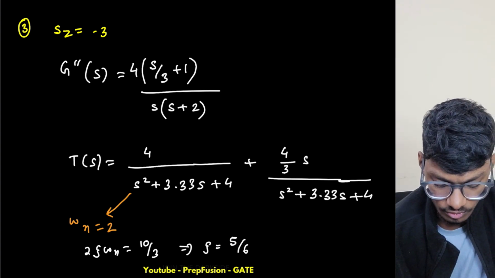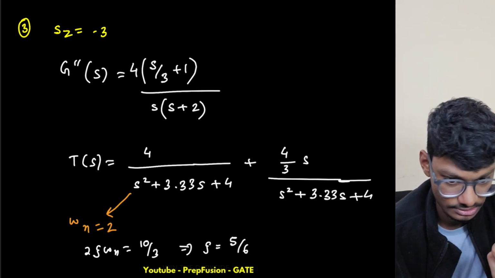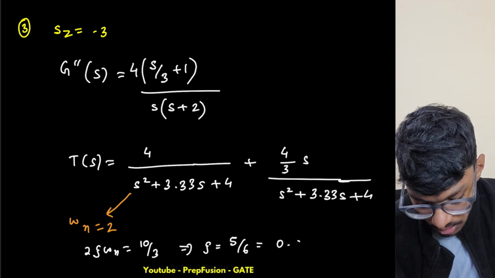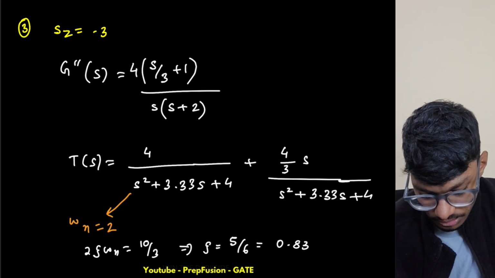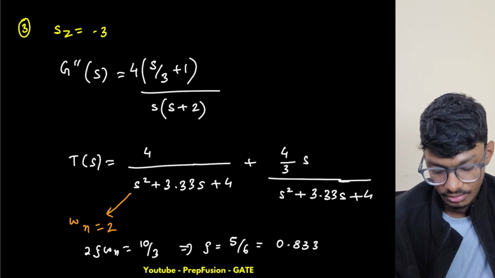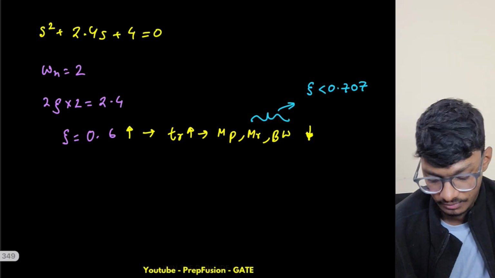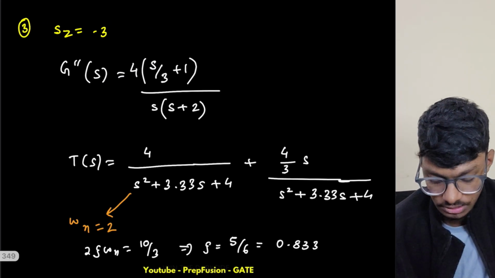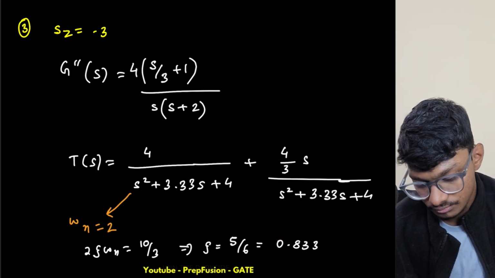So this is almost equal to 1.667 into 0.5, which is 0.833 something. So zeta is still this. So what is happening to zeta? Here, if you observe, it was 0.6. Again, if I add it nearer to the origin, the zeta increases.